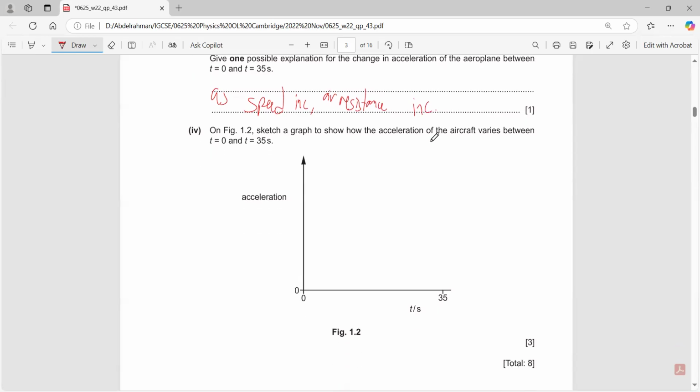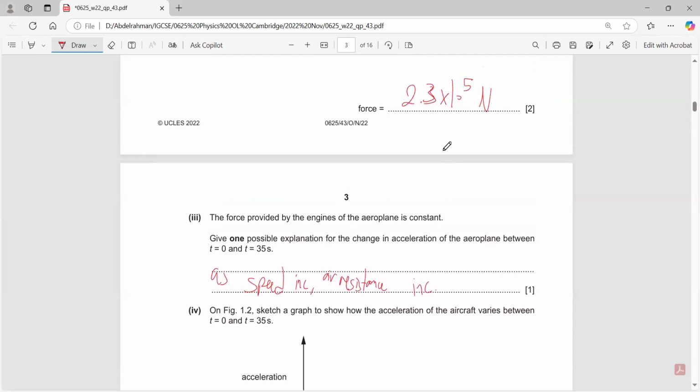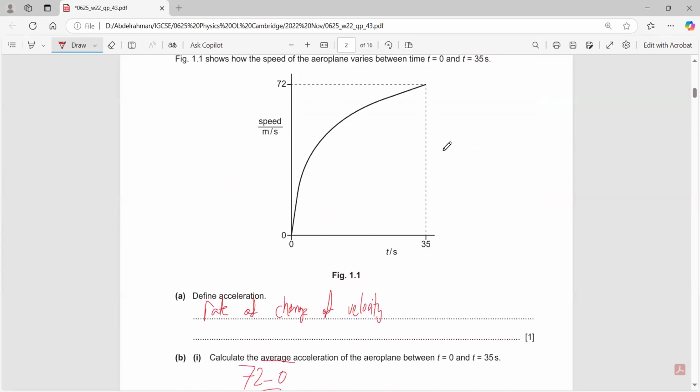On figure 1.2, sketch a graph to show how the acceleration of the aircraft varies between 0 and 35. This is an acceleration time graph, which is, I won't say rare, but not as common as the speed time graphs. Let's take a look at the graph.